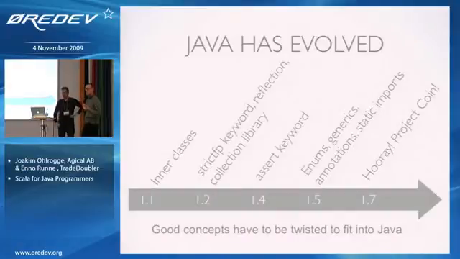There has been much criticism around the generics, and it is because it is very hard to get good concepts into an existing language. How many in here are programming in Java? Yeah. How many are using generics? Oh, good. And so that's like half.